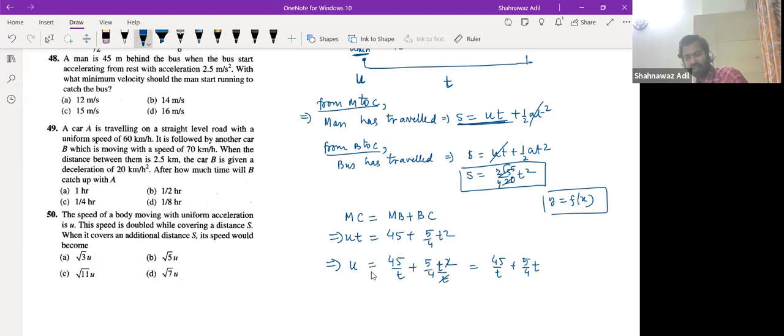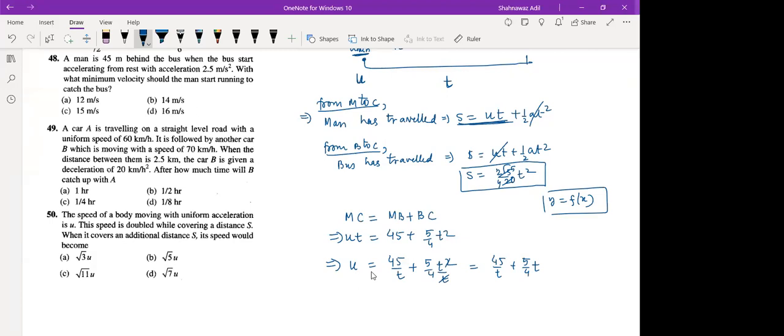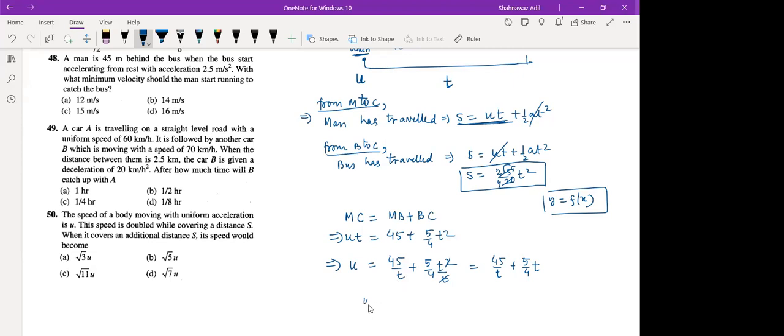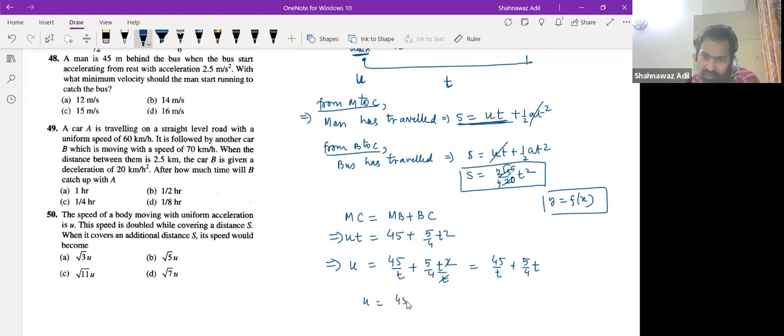What do you need to find out, guys? Time, and then minimum velocity. So we have to find the critical point, critical time, right? Yes, sir. So you have this equation, please find the critical time.